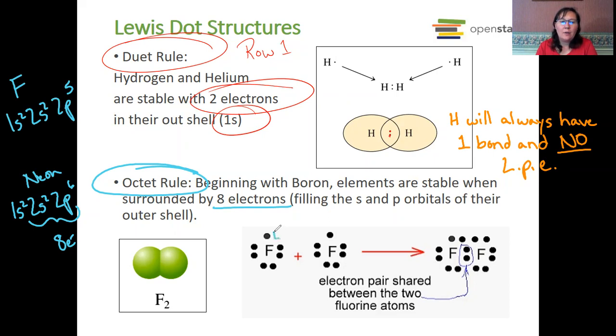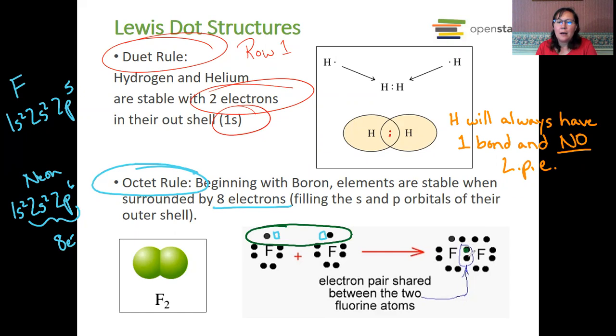And so you could say, all right, well, here's a space where it needs a pair, and here's a space where it needs a pair. So what can happen is that you'll end up with these 2 electrons forming a bond. So we can draw them here between them.